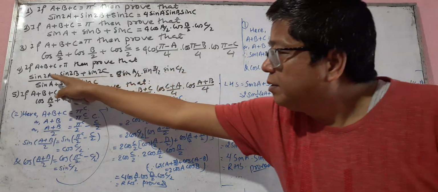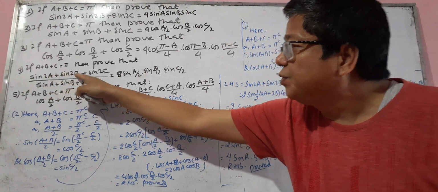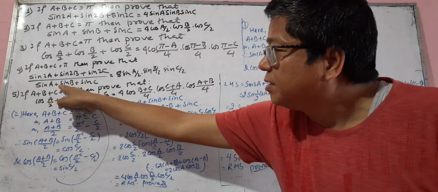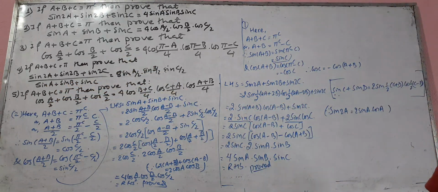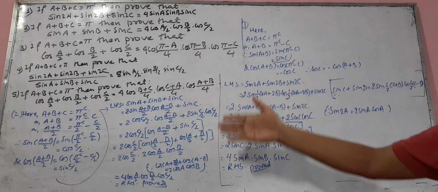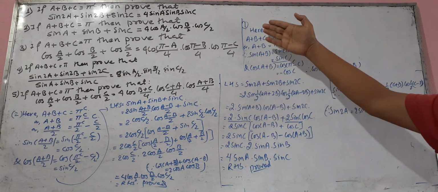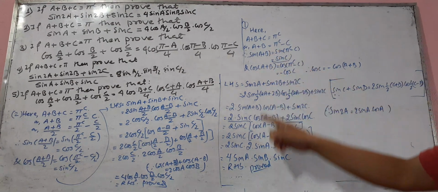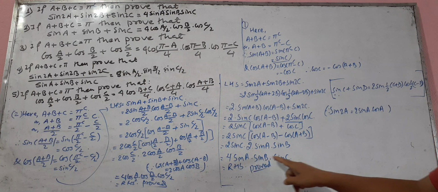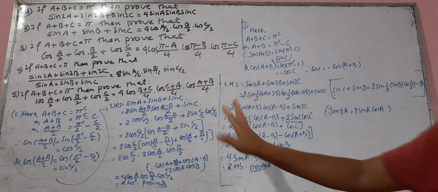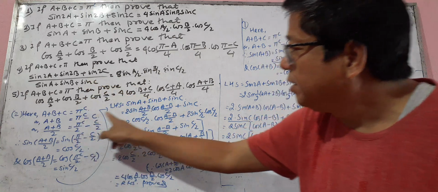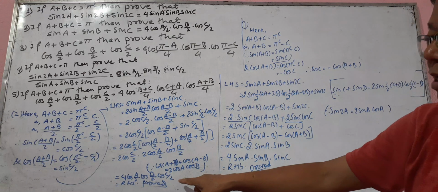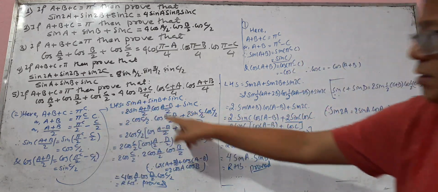In the numerator we have sin 2A plus sin 2B plus sin 2C, and in the denominator we have sin A plus sin B plus sin C. Look at it. The denominator can be changed to 4 sin A sin B sin C in this way. Similarly, the numerator can be changed to this form.